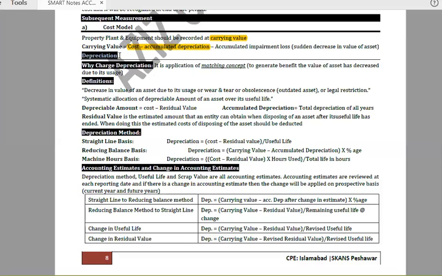Obviously, suppose if we have purchased a laptop, and we are using this laptop, with the passage of time the value of the laptop will reduce with its usage. Whenever you will use an asset, obviously its value will be reduced. Reduction in value of an asset with its usage is called depreciation.